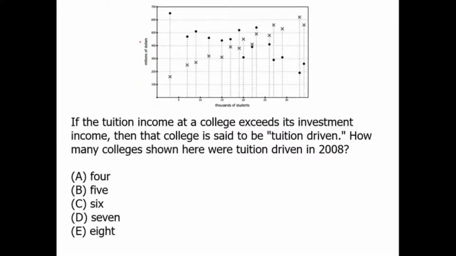So this is a relatively straightforward question. If the tuition income at a college exceeds its investment income, then the college is said to be tuition driven. Now remember, tuition income is the X, and investment income is the dot. And so really we're asking, where are the X's higher than the dot?